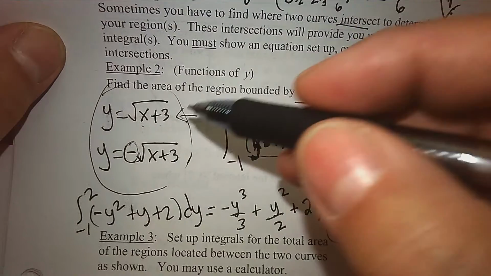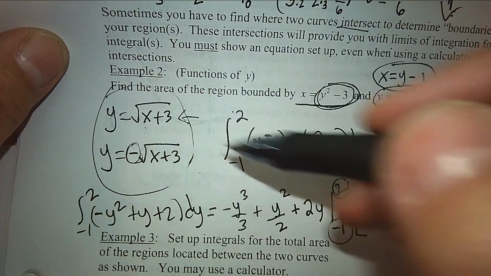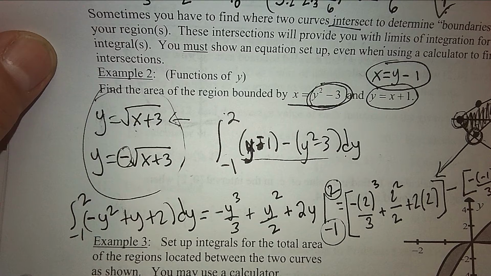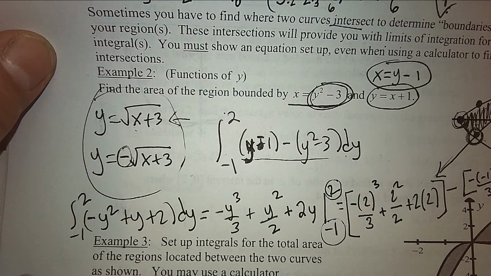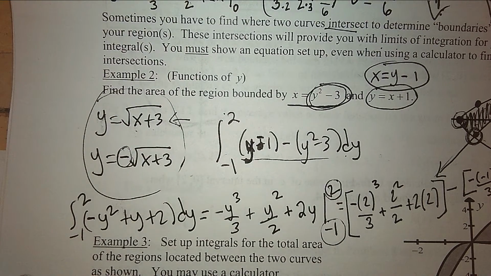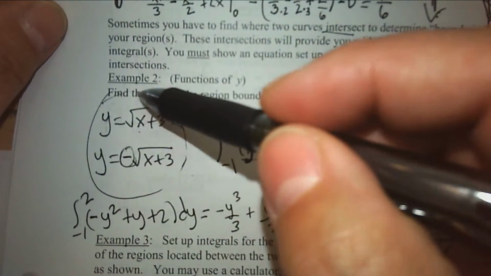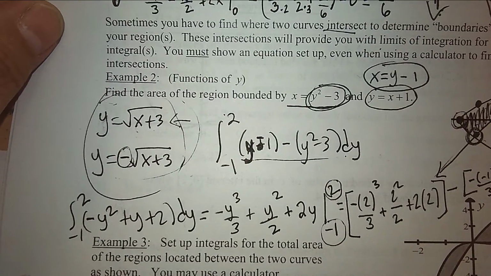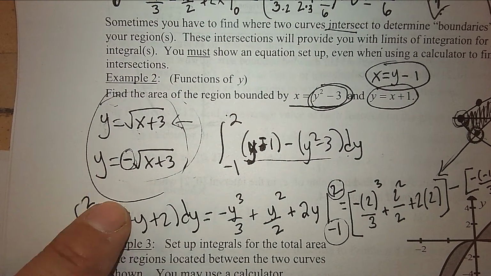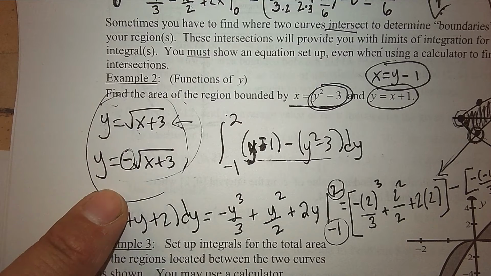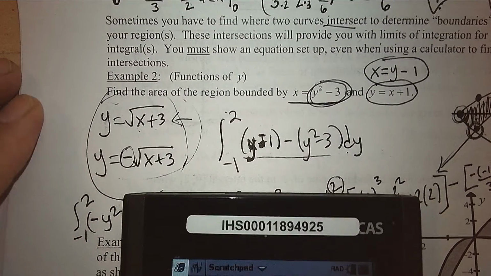If I wanted to graph this, I would have to write the equation in terms of y equals. So you would have to use positive and negative root x plus 3.